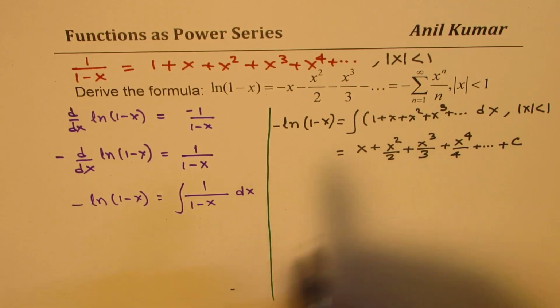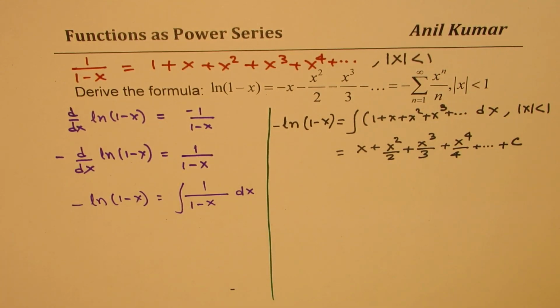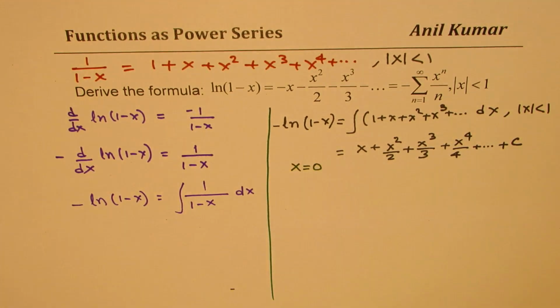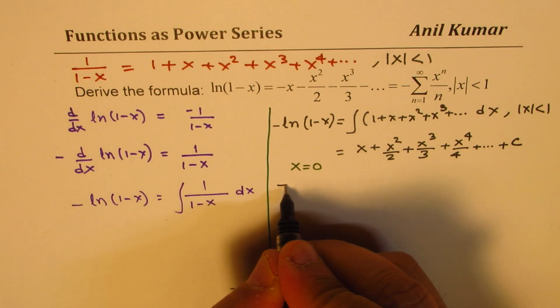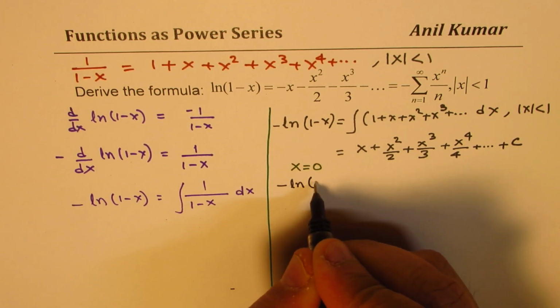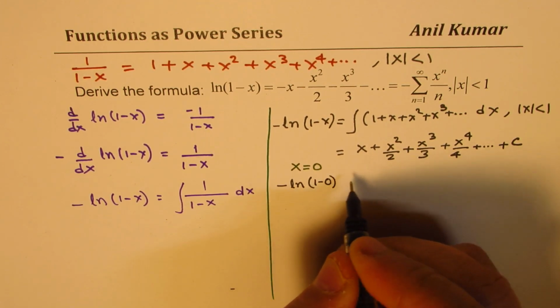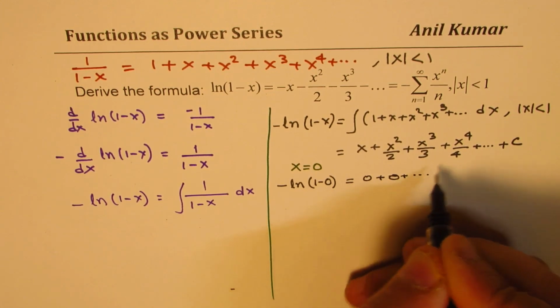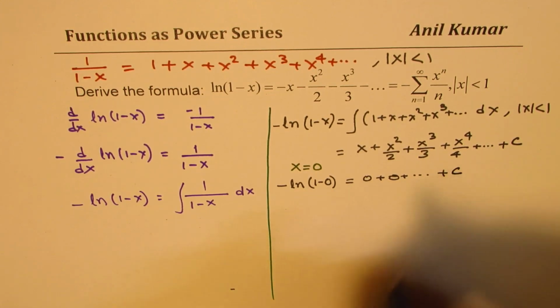If I write x equals 0, then what happens? In that case, I could write minus ln(1 minus 0), which is ln 1, equals, this is 0 plus 0 plus, all these are 0. We just get c here.